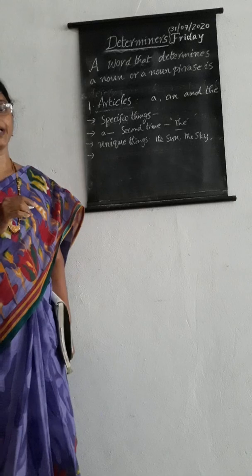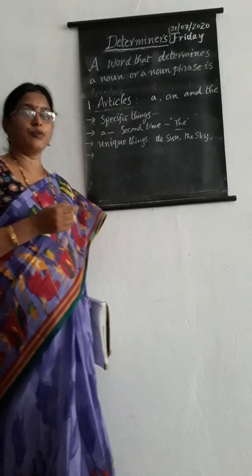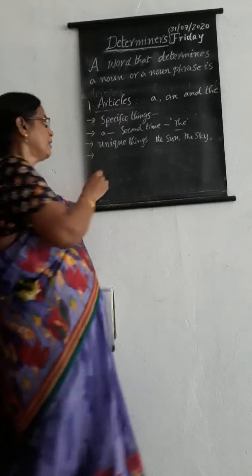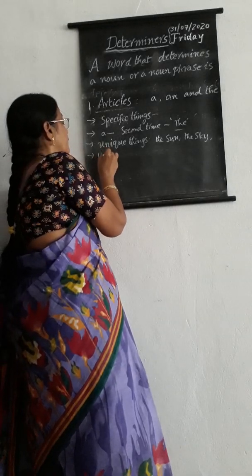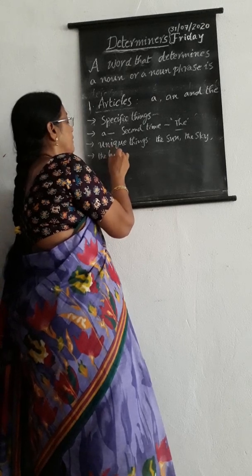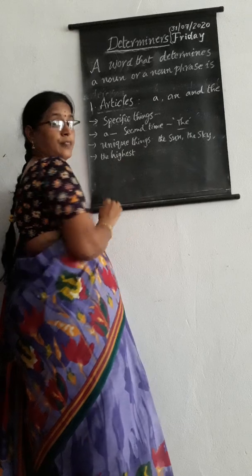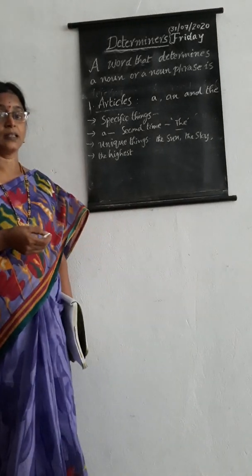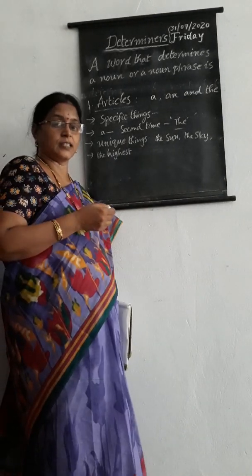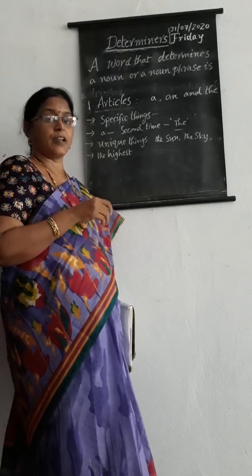Next point, before superlative degrees we have to use the definite article the: the greatest peak, the highest mountain. Everest is the highest mountain in the world. The highest, the biggest, the smallest, the shortest. Gopal is the shortest boy in the class.